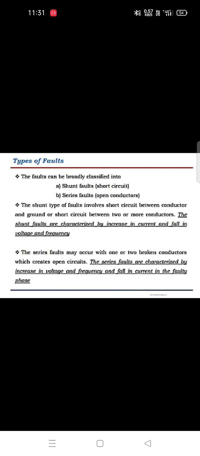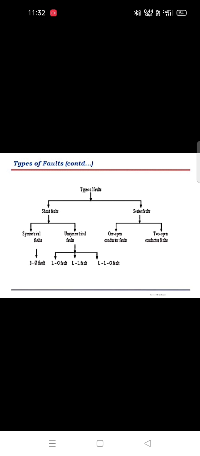The series fault may occur with one or two broken conductors, which creates an open circuit. The series faults are characterized by increase in voltage and frequency and fall in current in the faulty phase. Here you see in shunt type the current will increase and voltage and frequency decrease, but in series type current will decrease and voltage and frequency will increase.